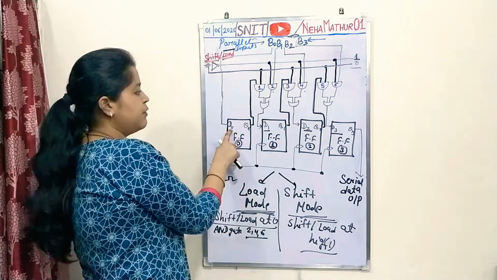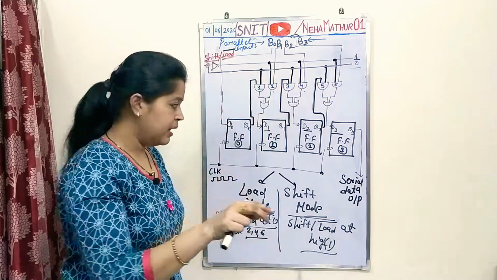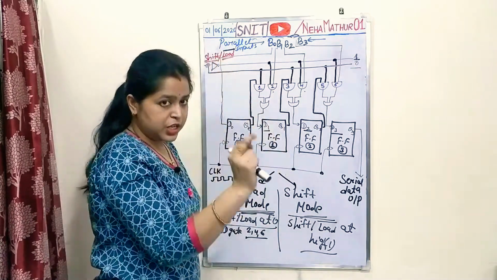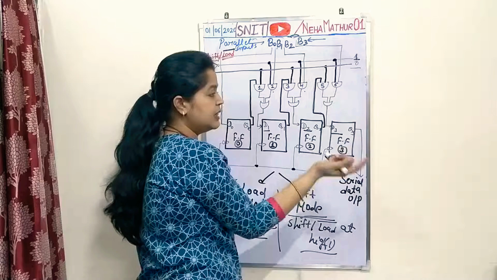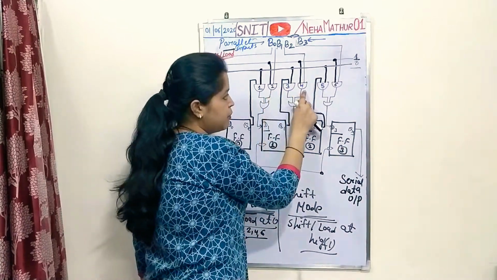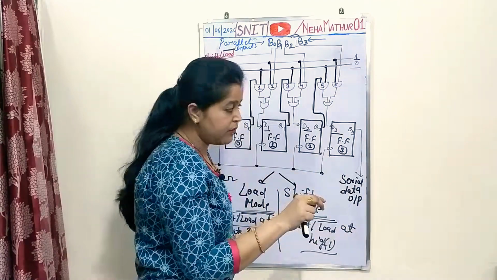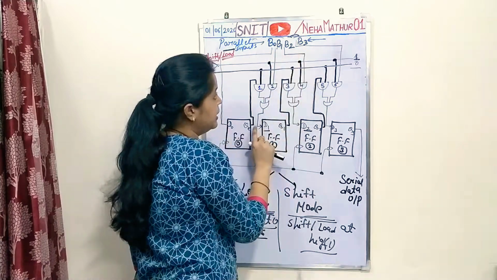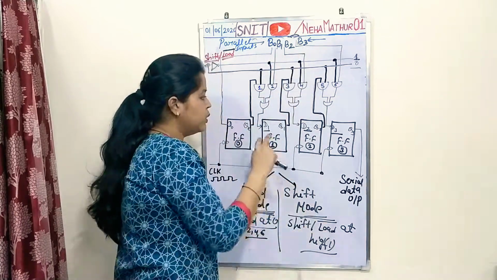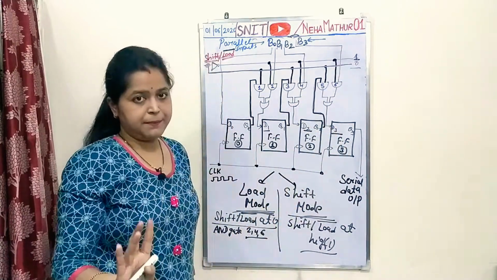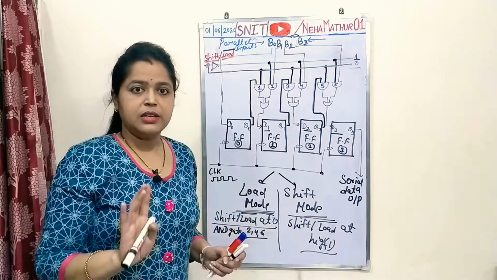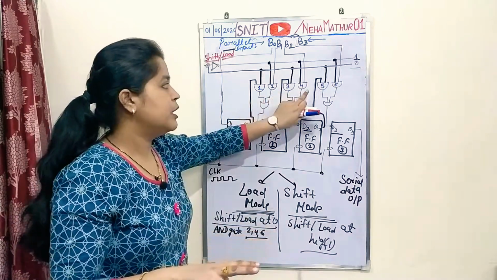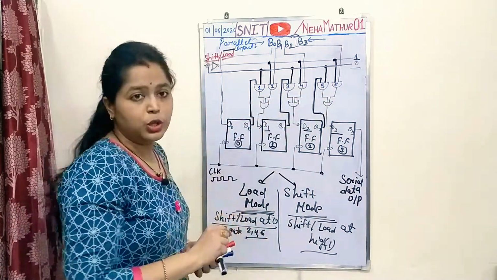Your first flip-flop is directly connected with the input, while for the other flip-flops you will have to apply shift/load at 0, and by following this line, gate number 2, gate number 4 and gate number 6 are going to be active, and they are able to provide respective inputs B1, B2 and B3 to D1, D2, D3 respectively. So your loading is done just by activating gate number 2, gate number 4 and gate number 6. This is about loading mode.